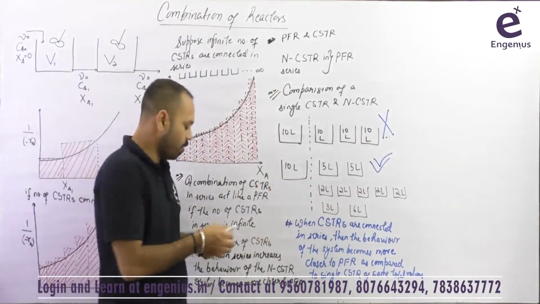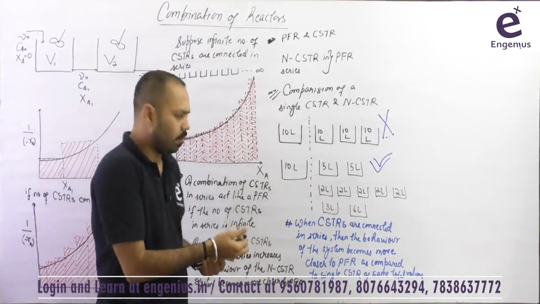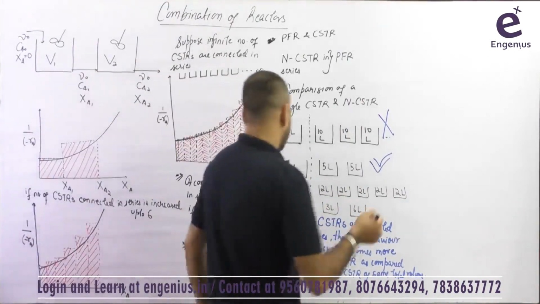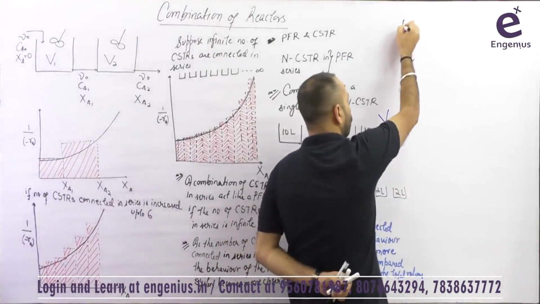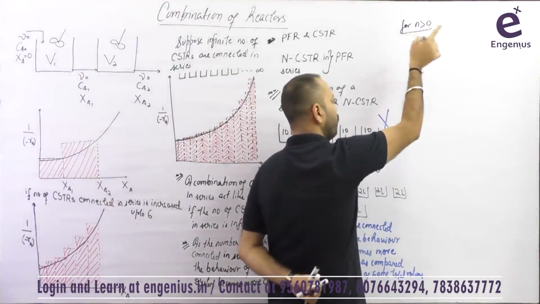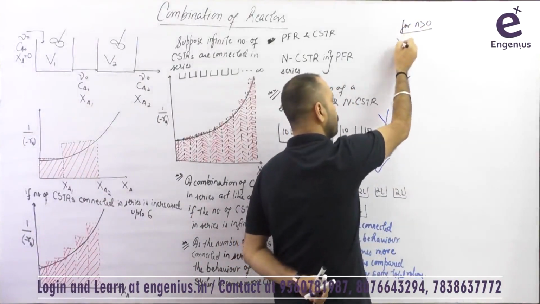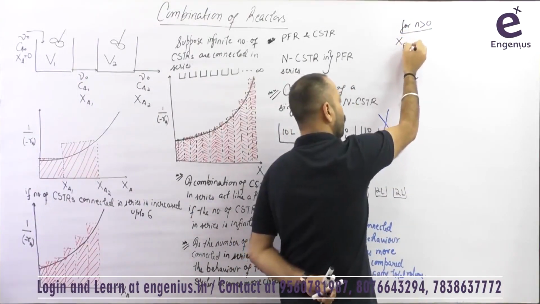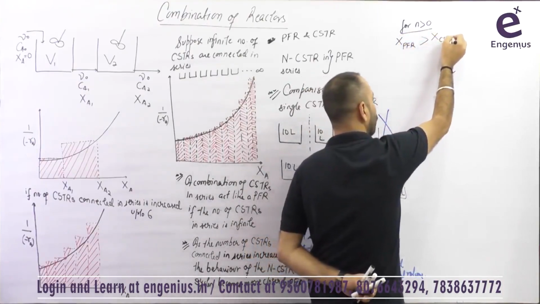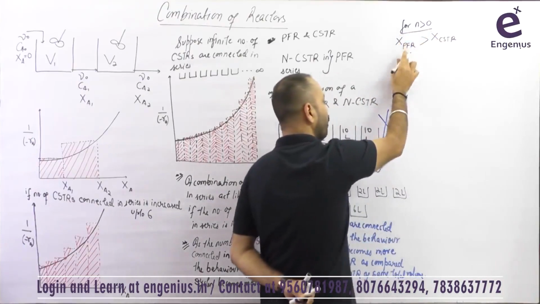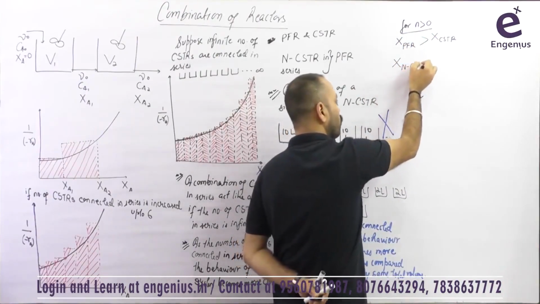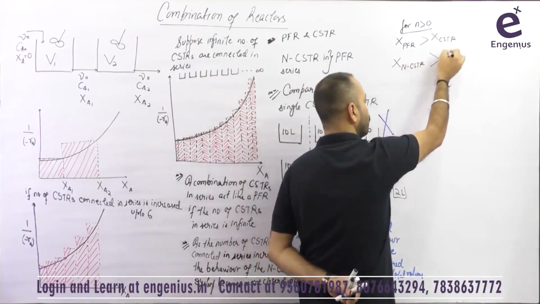So what is the result? Now I'm not going to derive it here, definitely I can prove it graphically, but we have already done these things, right? So for n greater than 0, what have we studied? Conversion of PFR is more than conversion of CSTR of the same volume. I hope you know this. And the behavior of n CSTRs is more closer to the PFR as compared to a single CSTR.